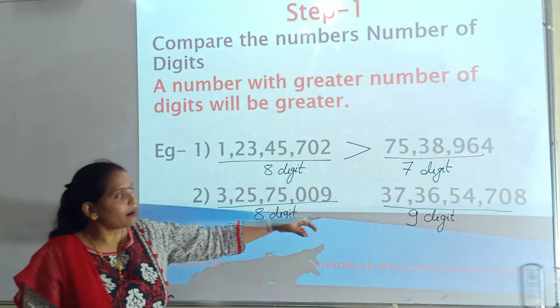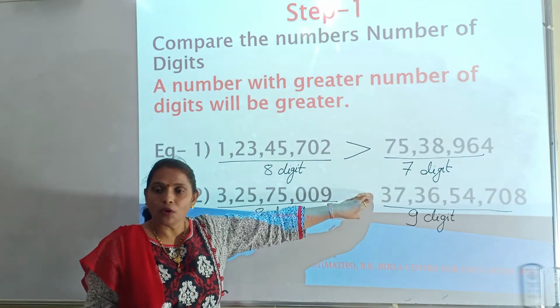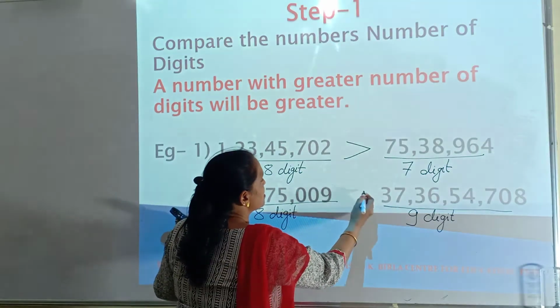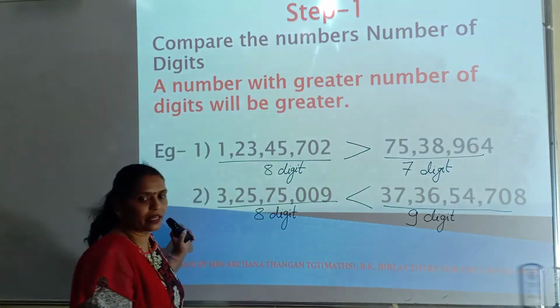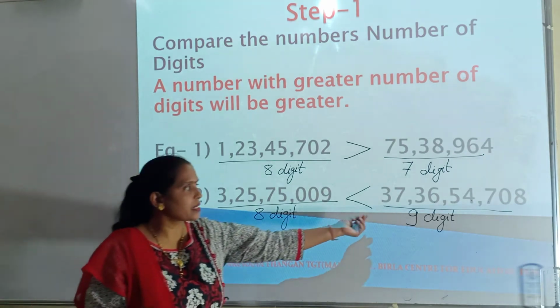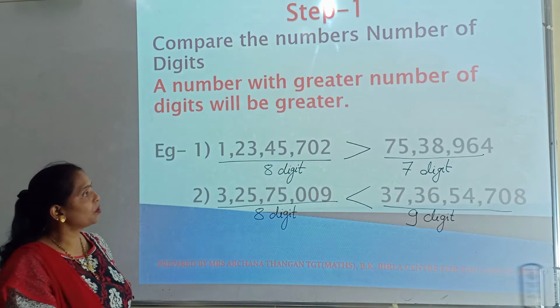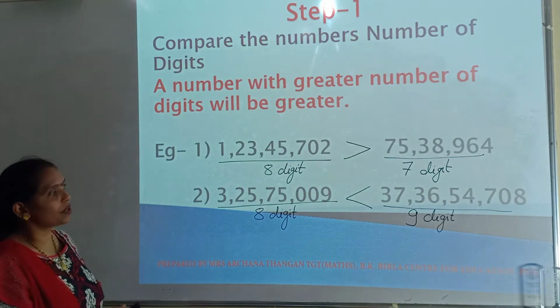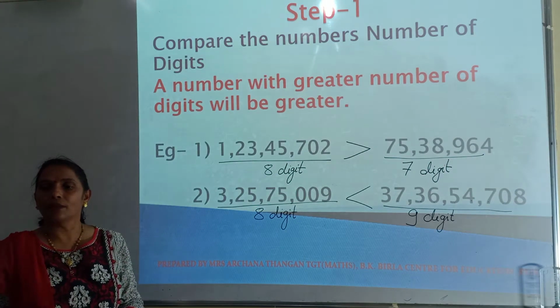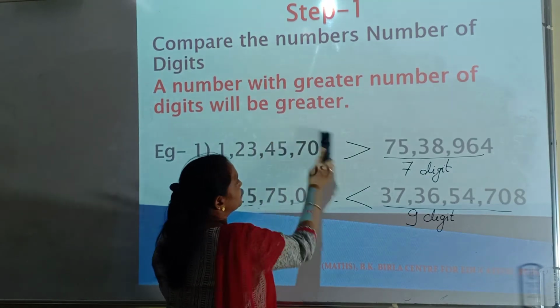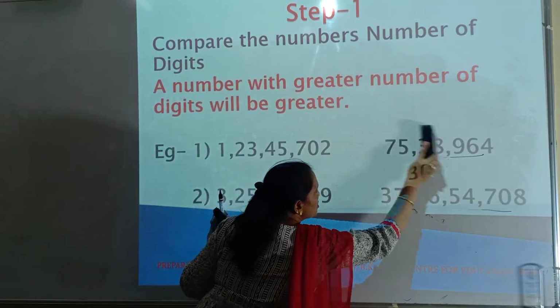The one with more digits is greater. So, this 9-digit number is greater than the 8-digit number. Means 37 crore is greater than 3 crore. So, this is the way; in the first step, we need to check the number of digits. This is the first step.